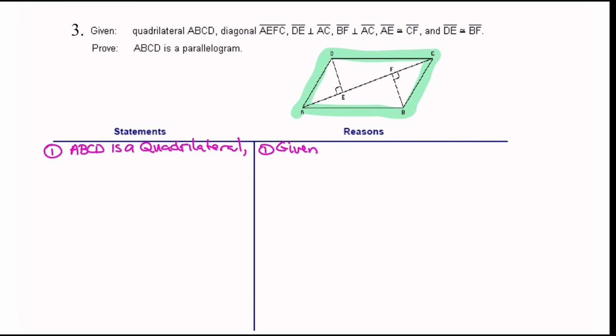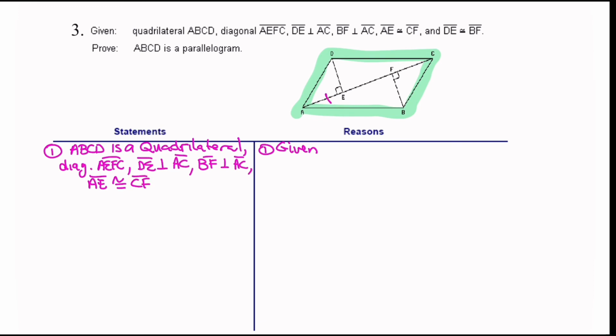So I'm just going to write diagonal AC, comma, DE is perpendicular to AC, indicated with the right angles. BF is perpendicular to AC, and AE is congruent to CF.